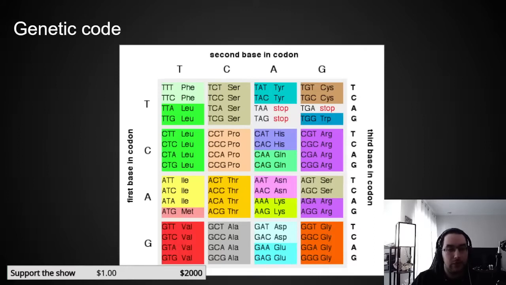So, for example, if you have TTT, it's phenylalanine, whereas if you have GCT, it's alanine, GTT is valine. Now, remember I talked about a start codon and a stop codon? The start codon is ATG, and it always codes for an amino acid called methionine.